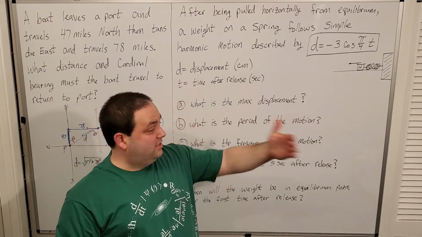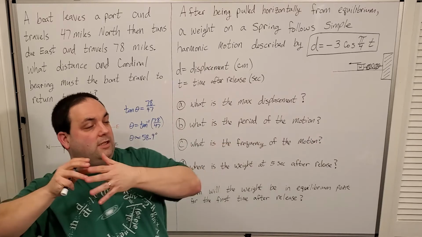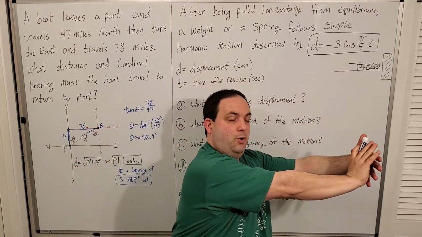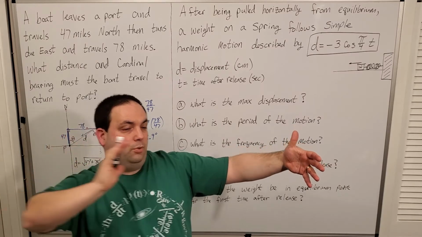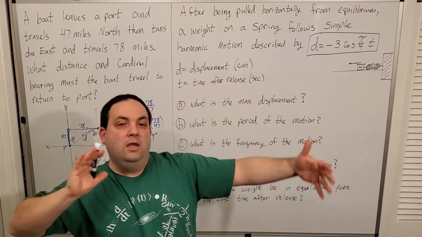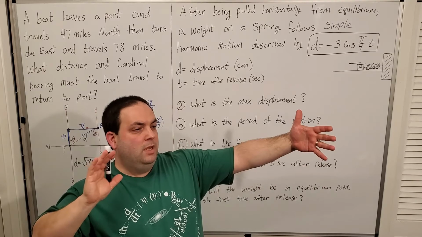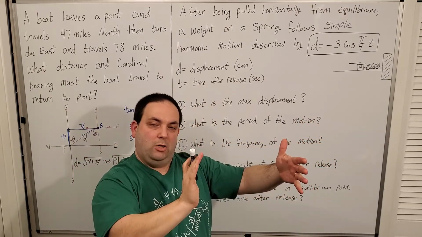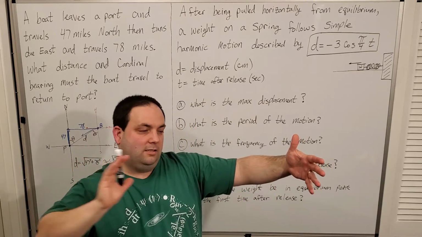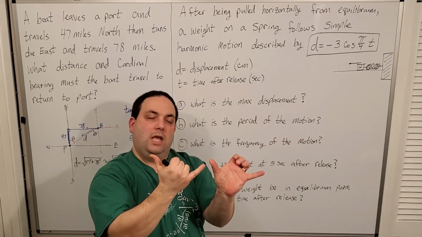Okay, so in other words, the weight got stretched. When it lets go, it compresses the spring to a certain amount, and then that wants to push it back out, and then it wants to pull it back in, and then push it back out. And if it's simple harmonic motion, then the distance that it travels on either side of the middle equilibrium where it used to rest is going to stay the same on both sides.